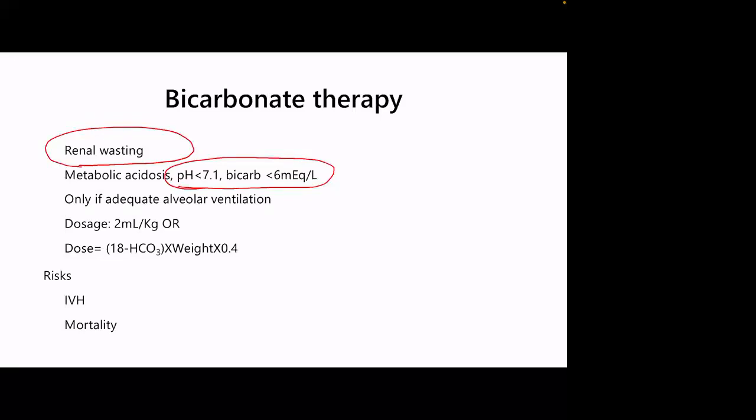This data is from adults because such kinds of studies are not done in neonates as of now, and we have got this data from adults. And you can give bicarbonate only if adequate alveolar ventilation is happening.